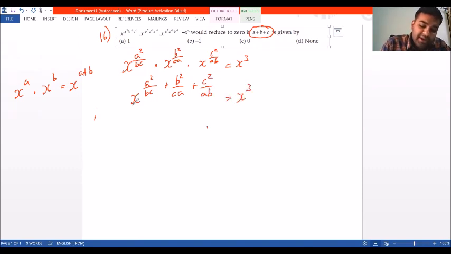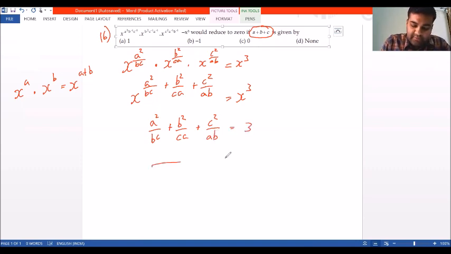In LHS also I have x and in RHS also I have x, so I can equate the powers. A square by BC plus B square by CA plus C square by AB is equal to 3.